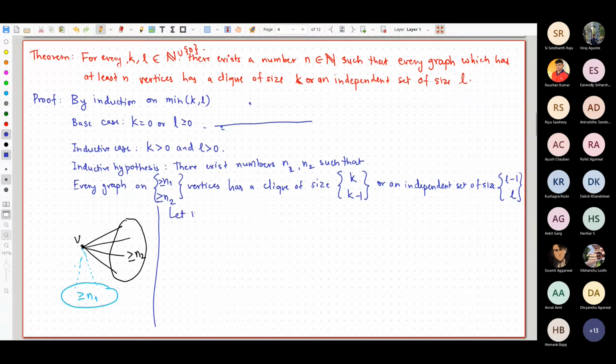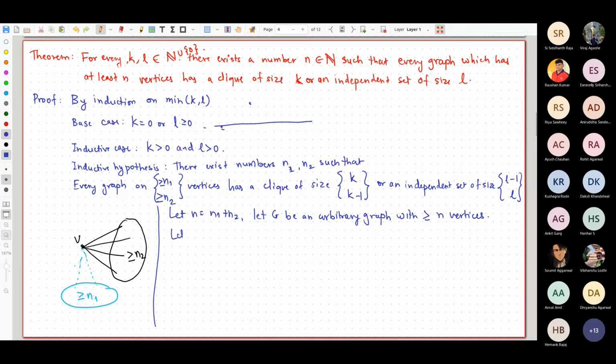So let n be equal to n1 plus n2. Let G be an arbitrary graph with at least n vertices.